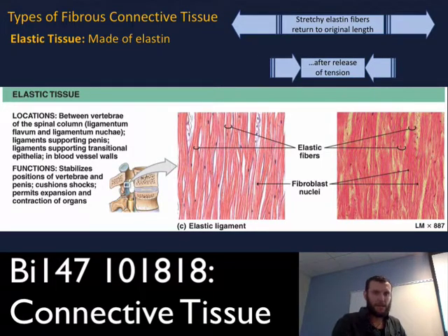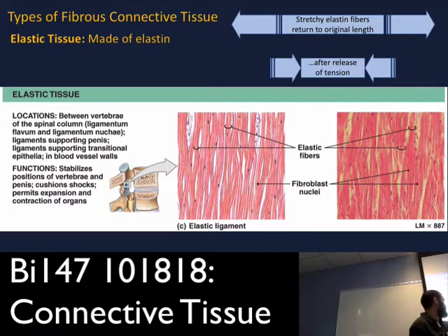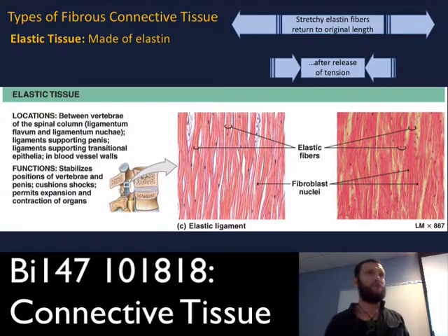So elastic tissue, on the other hand, is made up of elastin. I showed you what elastin looks like two slides ago. This is going to make ligaments that are super stretchy. For example, elastic tissue can be found in these elastic ligaments that go between the transverse processes of your vertebrae.